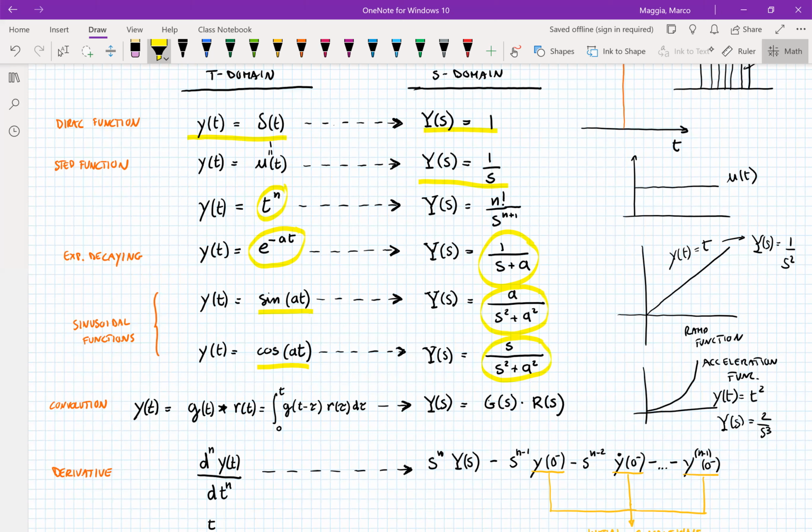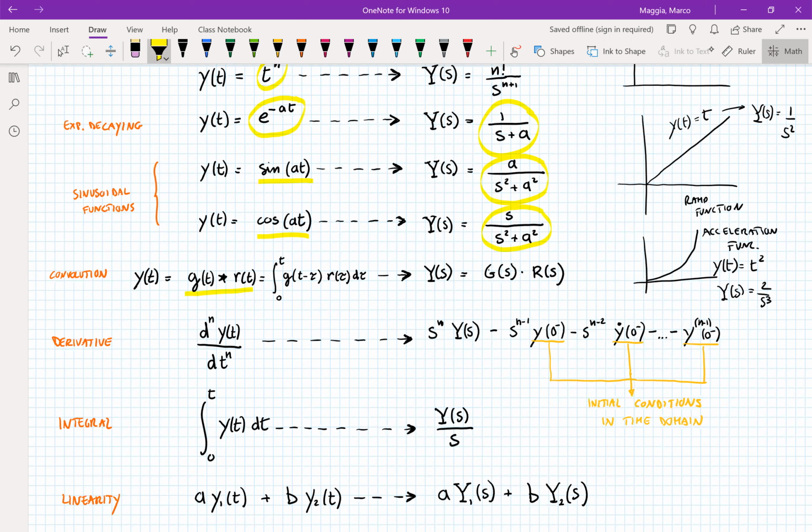Another thing that is very convenient when we go from the time domain to the S domain is the convolution integral. So if we have a convolution between two functions, and the convolution mathematically is the integral from 0 to t of one function, now the variable is t minus tau, times the other function of tau, d tau.